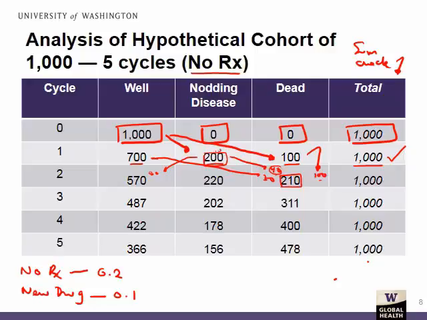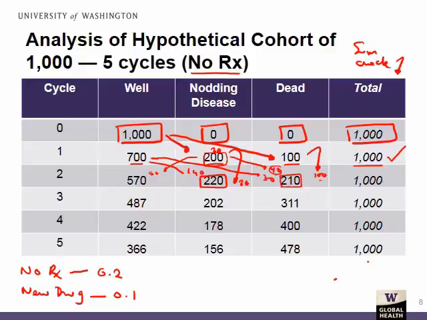And these 80 patients come down to this state. But you need to add those 80 to the patients who enter the nodding disease state from well. So we know that of the 700, a probability of 20% of getting nodding disease will mean that 20% of 700 will come down here, 140. And if you add 140 to 80, you get 220 who remain in this state of nodding disease. So we have accounted for the nodding disease.